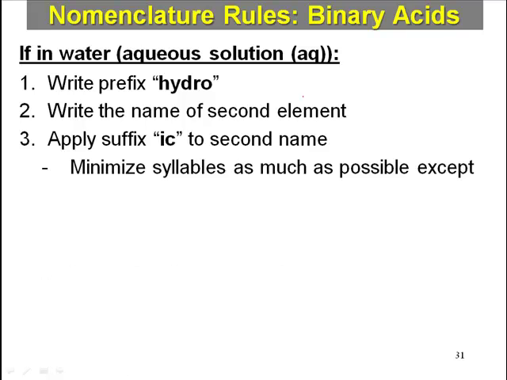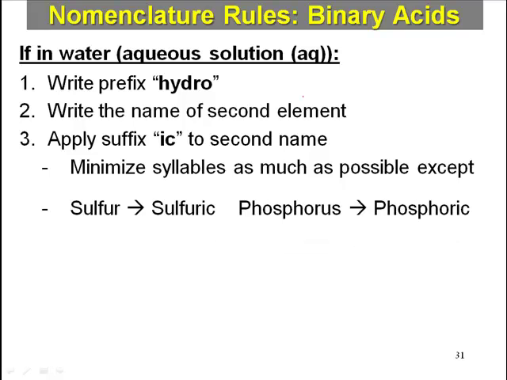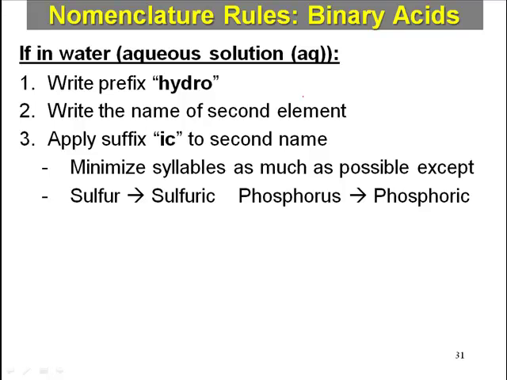Minimize syllables as much as possible, except, here's our exception, sulfur and phosphorus. So those you do not minimize the syllables. Then at the very end you add acid, just in case they didn't get the fact that you were talking about an acid there. So you have to have acid at the end.